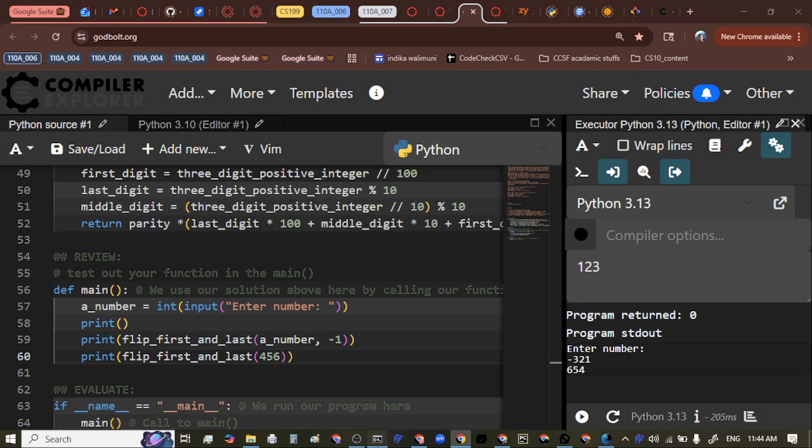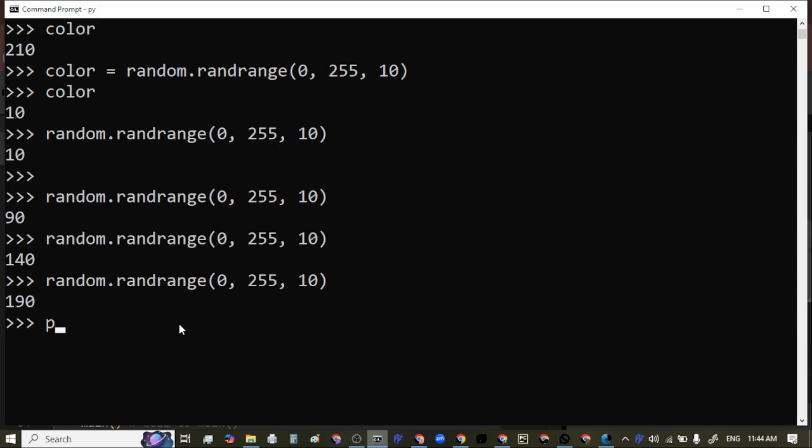Like, for example, if I print 10, 20, 30, you get this, right? It's because the default separator is actually a space.